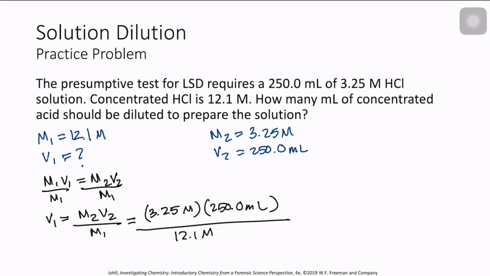And that is because my units of molarity are going to cancel out here. I'm left with units of volume, which is good because I need volume. And more specifically for this problem, I need milliliters. So it wouldn't make sense to change my units into liters, just to have to go and change them back to milliliters.